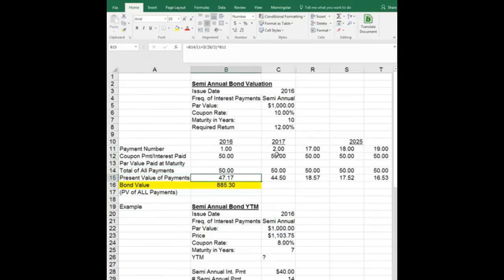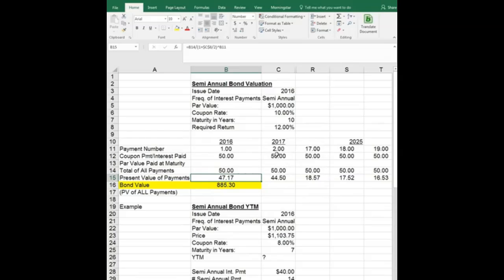And then as before, we can calculate the present value of all of those payments, where the discount rate is the semi-annual periodic rate. In other words, not 12%, but 6%.